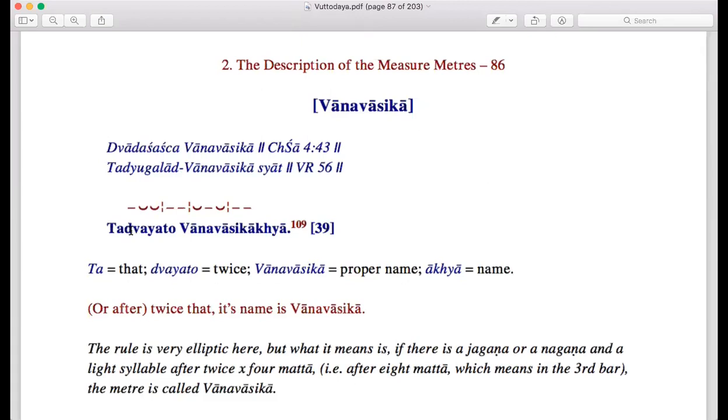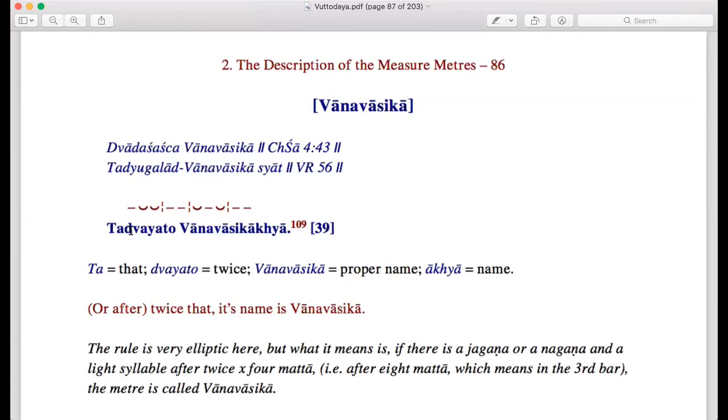So the full sentence should be Tadvayato jo nla athava. After 2 of that, meaning after 8 measures, there should be a jagana or a nagana and lahu. That's the sentence when we draw those words to here.